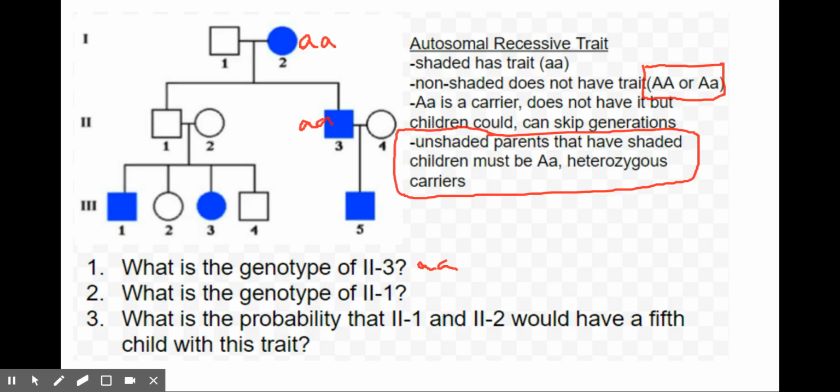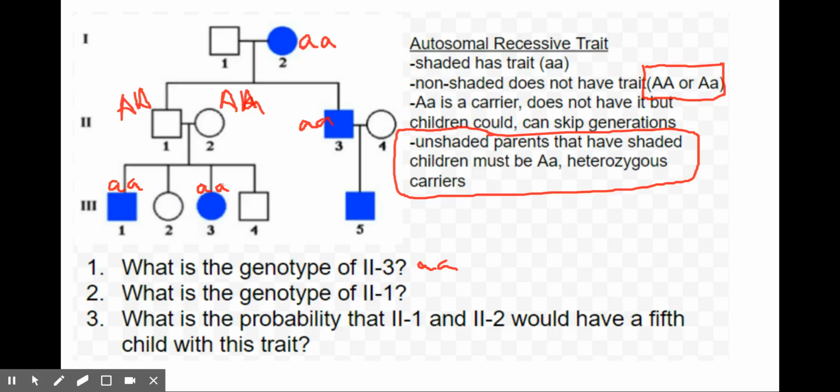Okay? So, neither of these have the trait, but they have children that have the trait. If they're going to have children that have the trait, can they be homozygous dominant? Absolutely not. Could one of them be that?